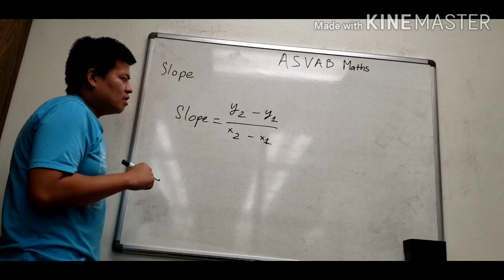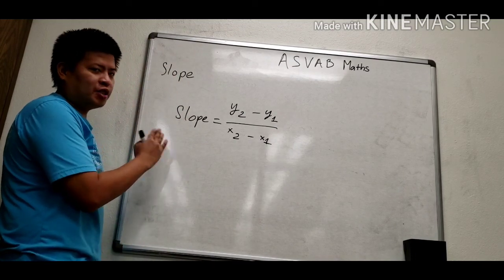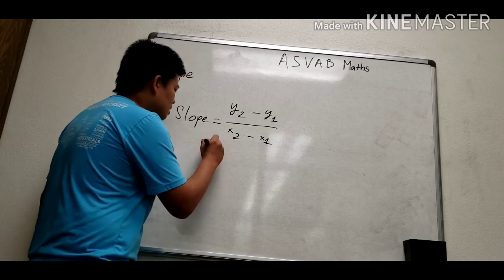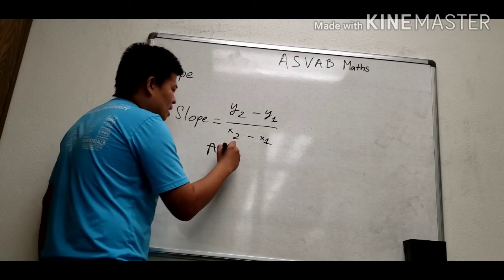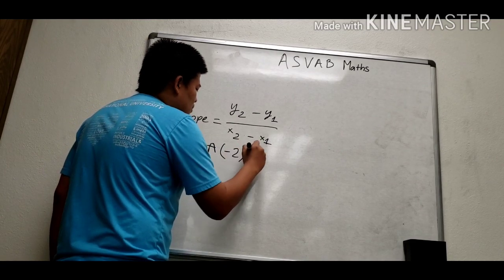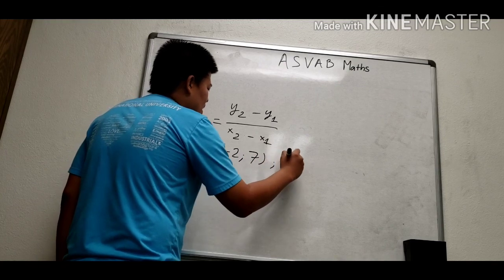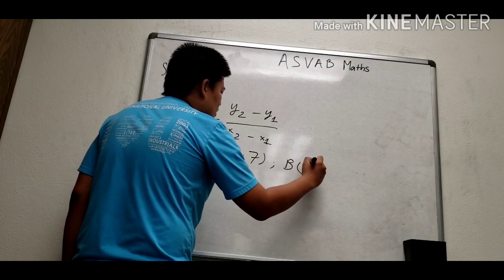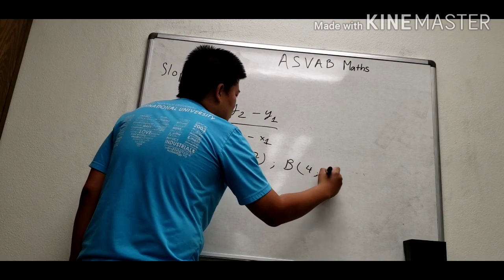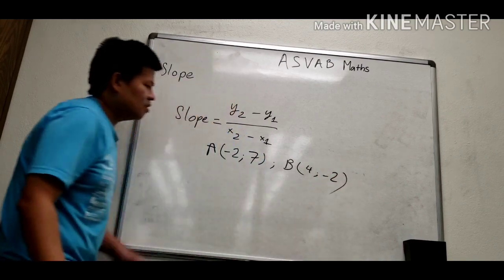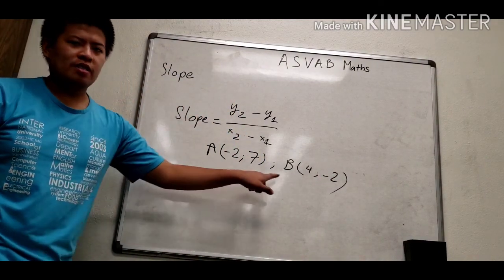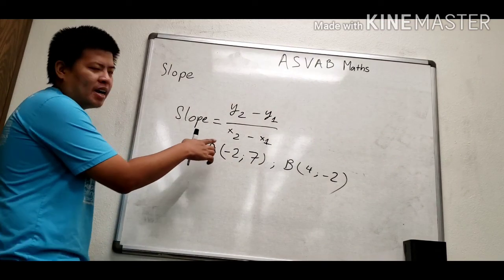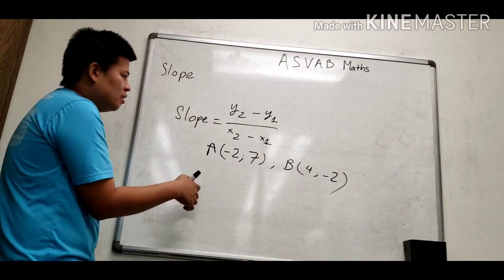This one is on the test and we need to learn about the slope. For example, we have A is (-2, 7) and B is (4, -2). So I have the 2 points in here and we apply the slope in this equation.